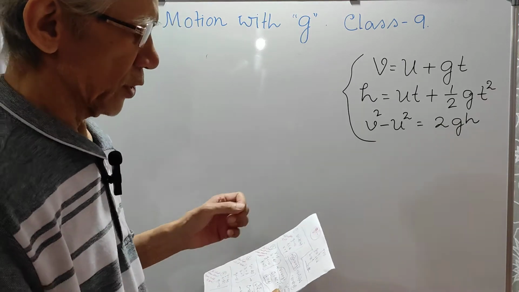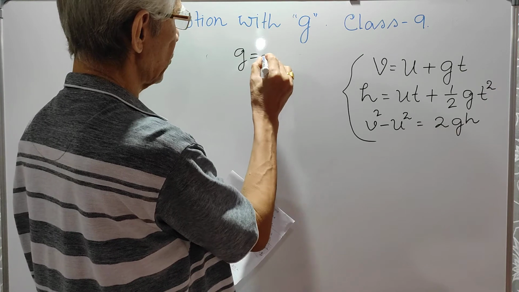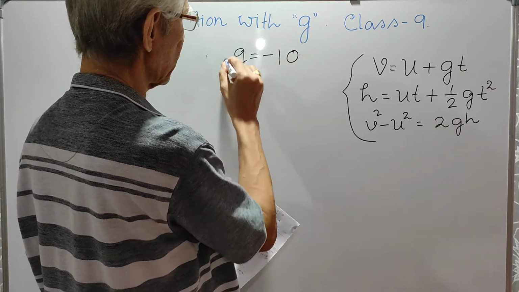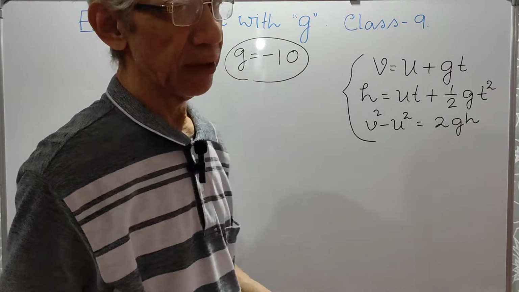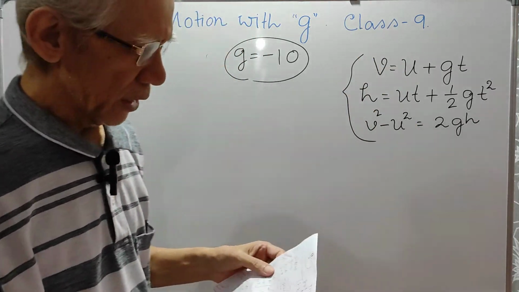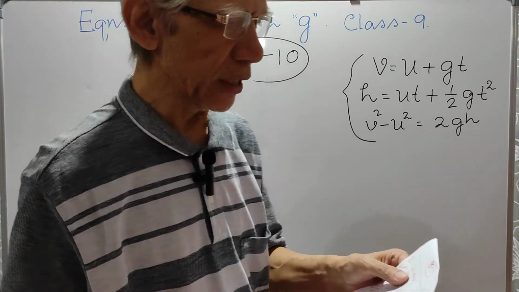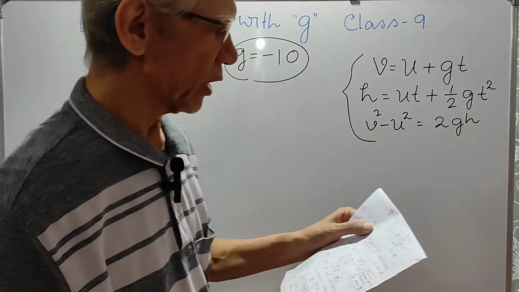Now suppose this question. This time g will always be negative. For these questions g will be minus 10, negative, because the body is going up, negative acceleration. Now the first question is this: a body is thrown vertically upward with a velocity of 40 meter per second.